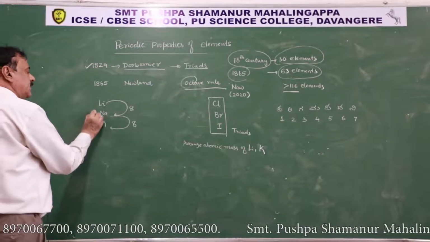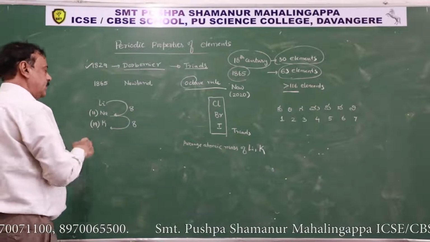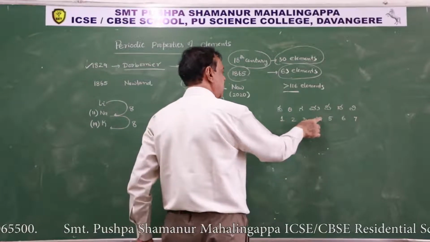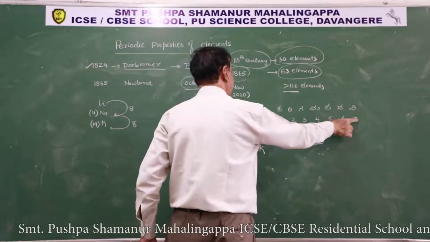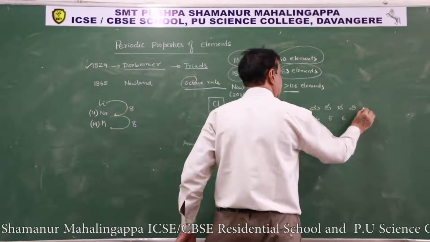Therefore, this is atomic number 11 and this is atomic number 19. Assume this is 11, this is 12, 13, 14, 15, 16, 17, 18 and so on.